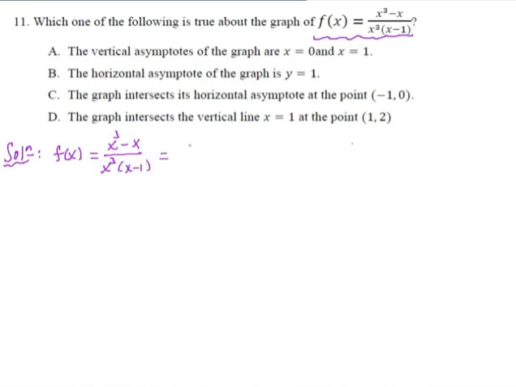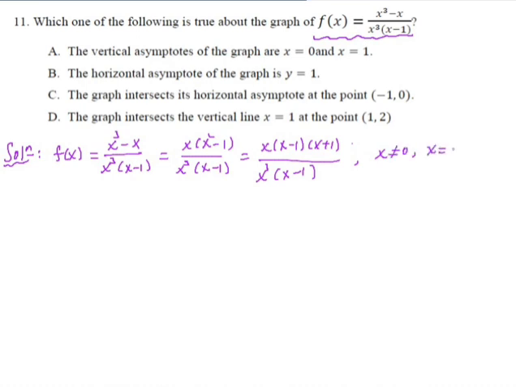Let us factor: x times x squared minus 1 over x cubed times x minus 1. Again, this can be written as x times x minus 1 times x plus 1 over x cubed times x minus 1. So for this function, x cannot be 0 and x cannot be 1. This is our restriction on x.